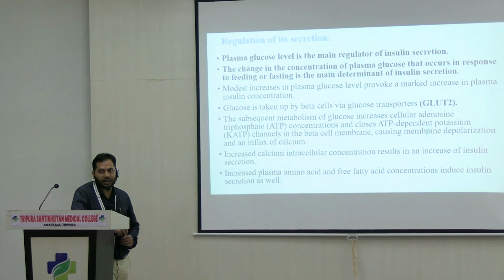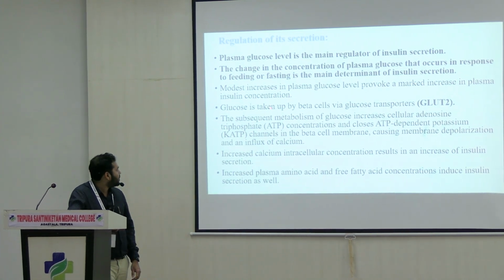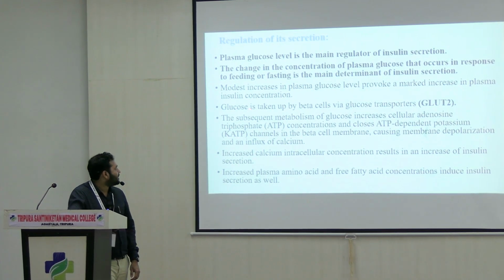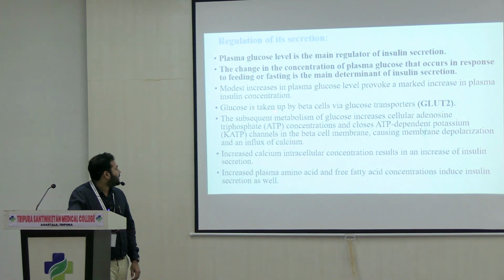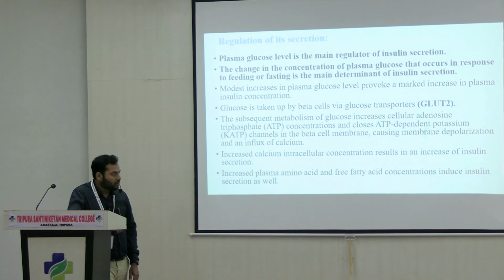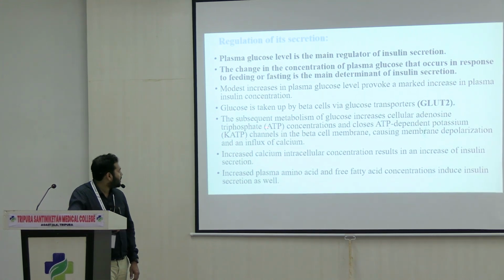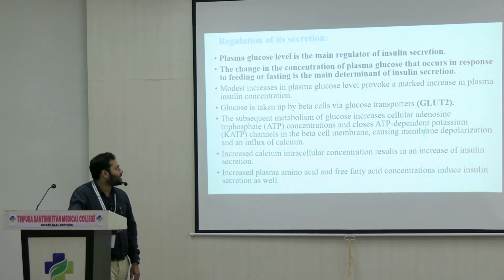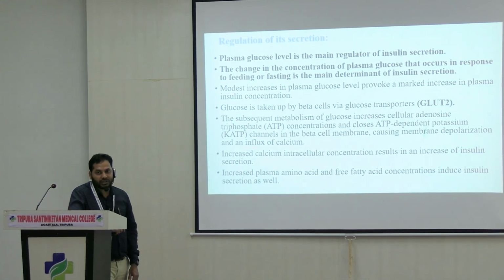So two things happen here. The first thing is the glucose is taken up by the beta cells by the transporter GLUT2. After that, the subsequent metabolism of glucose increases cellular adenosine triphosphate concentrations.